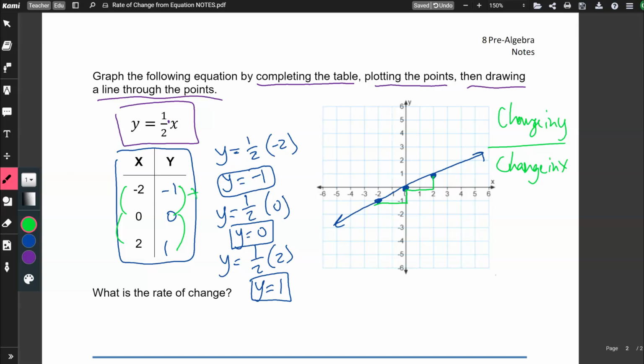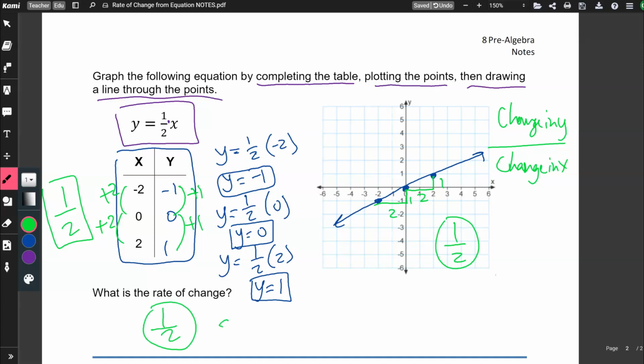My y values are going up 1 each time, from -1 to 0, from 0 to 1. My x values are actually going up by 2 each time, -2 to 0, and then 0 to 2. So my rate of change, my change in my y values, is 1/2 when I look at the table. I also see that on my graph. It's a vertical change of 1 over a horizontal change of 2 each time. So I get 1/2 as my rate of change. So that rate of change, or my slope in this case, right?